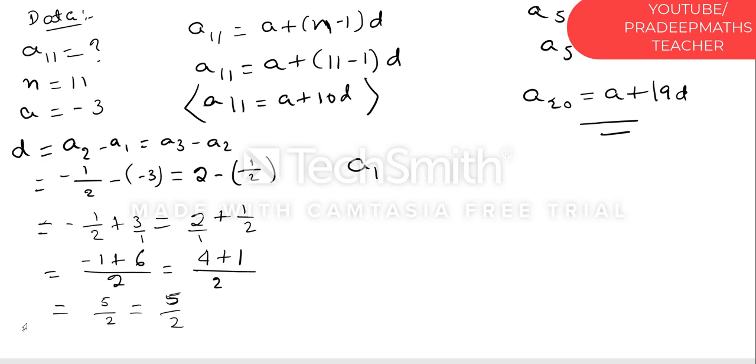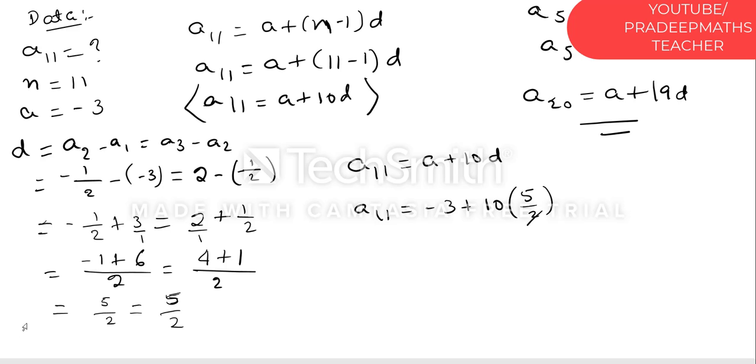So the 11th term will be equals to A plus 10D is the formula, right? A is minus 3 plus 10 into D, which is 5 by 2.